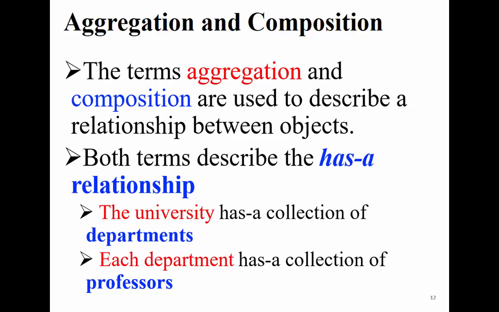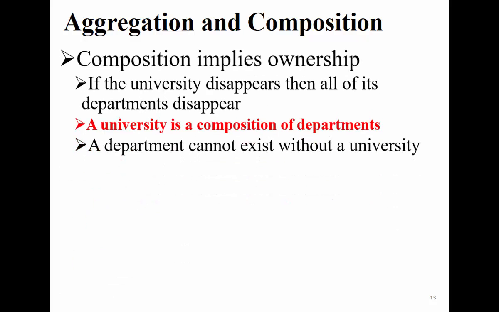Now, we have this kind of relation: a university has a collection of departments, and each department has a collection of professors. Now, more explanation about composition and aggregation. We now try to define them and sense the difference between aggregation and composition.